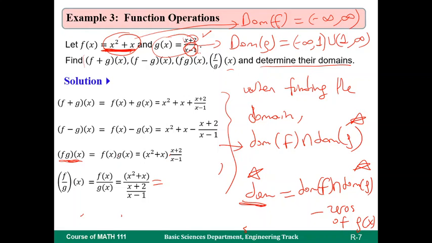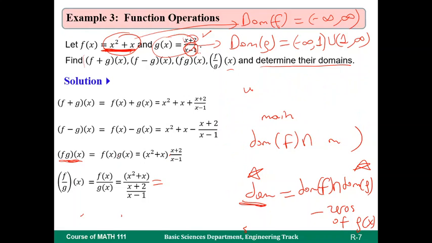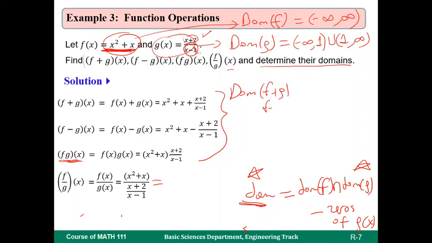Then we will write the domains of these functions. For f plus g, f minus g, or f times g, the domain of all of them will be equal to the domain of f intersection domain of g. What does this mean?